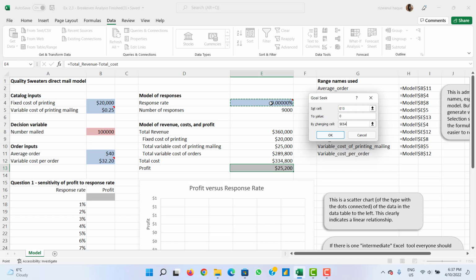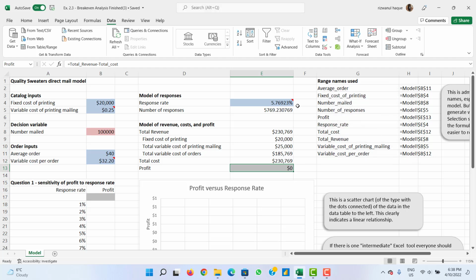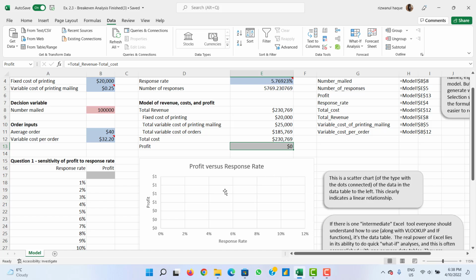This is my changing cell, so I just want to know at what response rate my profit would be zero. Okay. Oh wow, Excel just calculated it: 5.76923%. So if my response rate is 5.76923%, my profit will be zero.